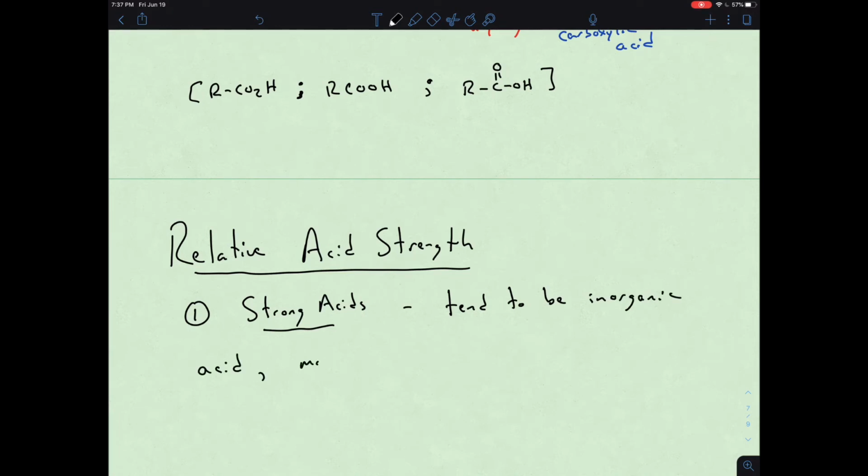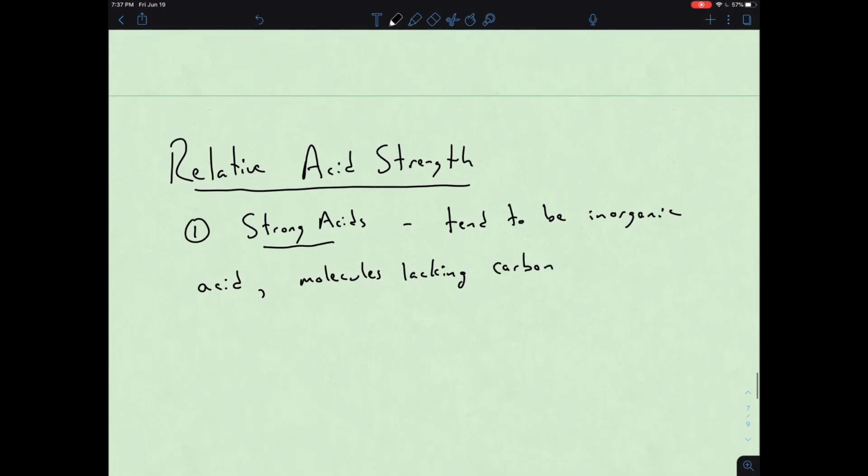These are molecules lacking carbon. Within strong acids, we have two classes. We have binary acids. And binary acids have the general formula of HX.